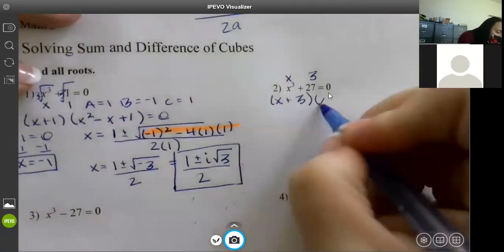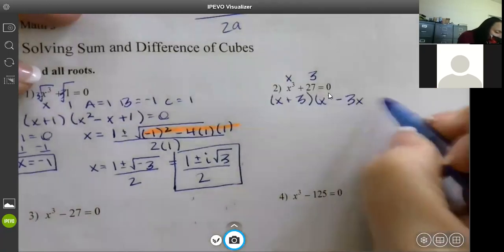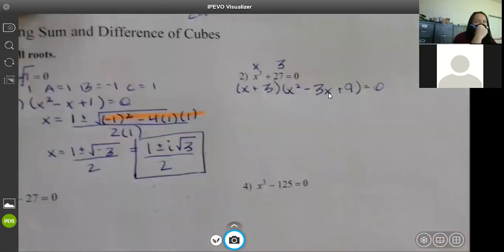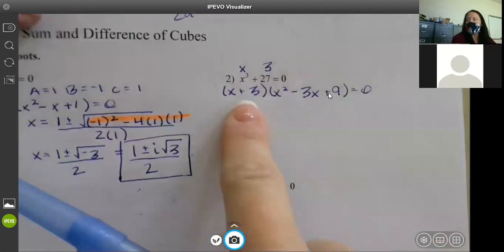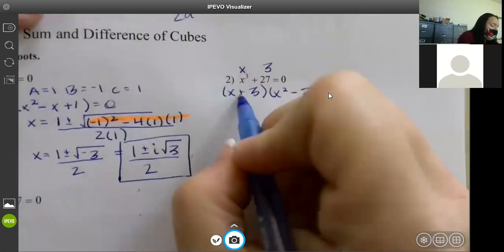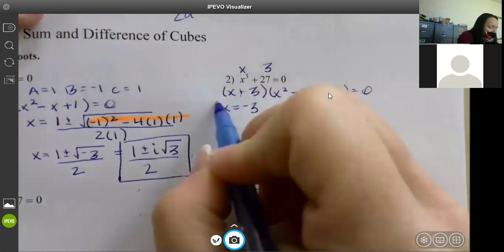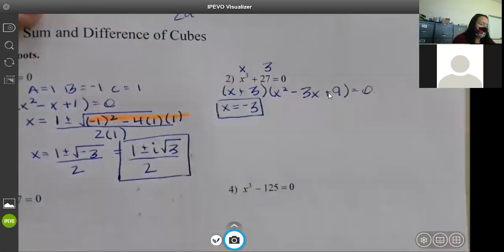Square the first, change the sign, multiply them together, square the last. And just like I told you, this one is perfect. You can use the little cheater method on it. What that means is if it's +3 inside, when I take it outside, it's going to be -3. Or you can do all the work like we did on the first one.